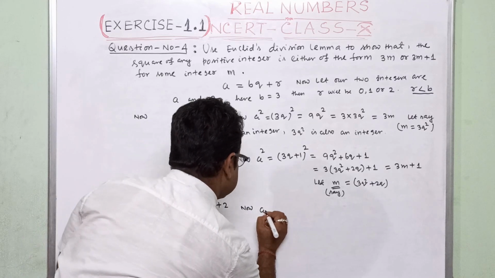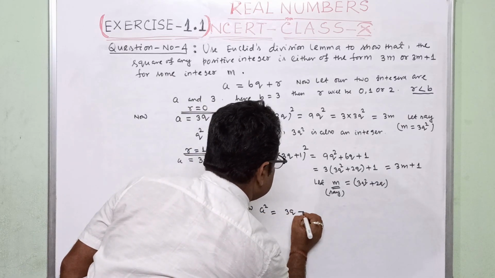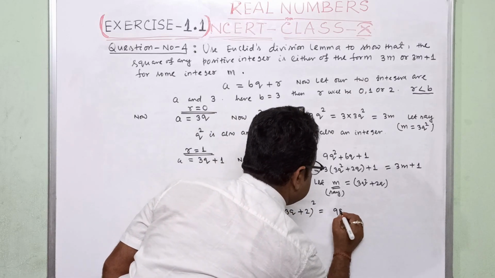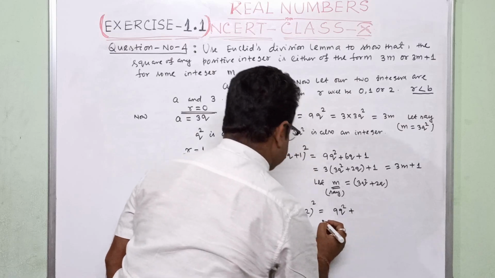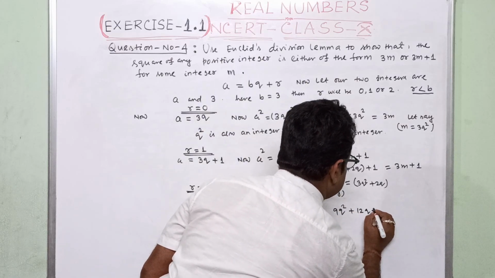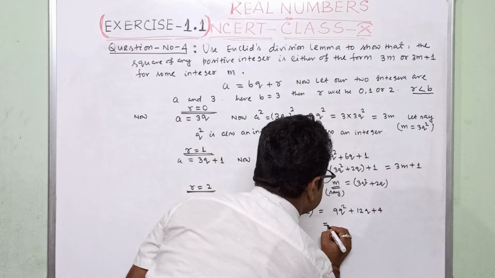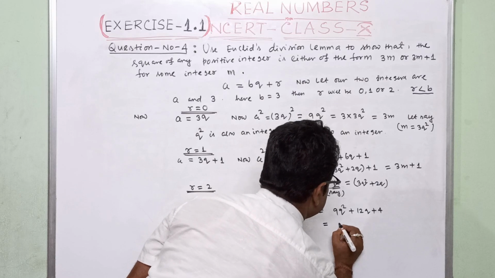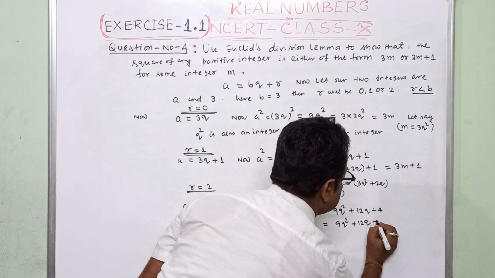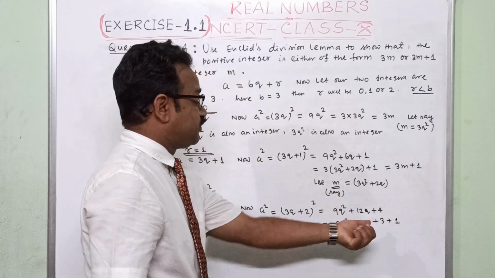Now a square is equal to (3q plus 2) whole squared, which is equal to 9q square plus 12q plus 4. So that is equal to 9q square plus 12q plus 3 plus 1, breaking 4 into 3 plus 1.